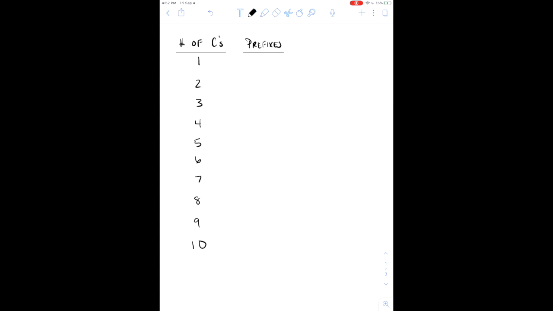Okay, so the prefixes. If something has 1 carbon, the prefix for that alkane is meth. Like methane has only 1 carbon. And then for 2, it's eth, like ethane, which has 2 carbons. Something that has 3 is prop, like propane.